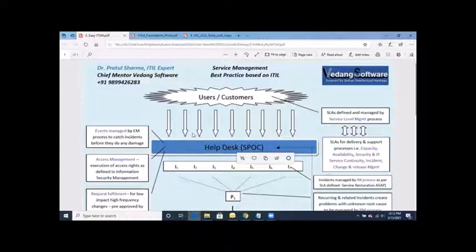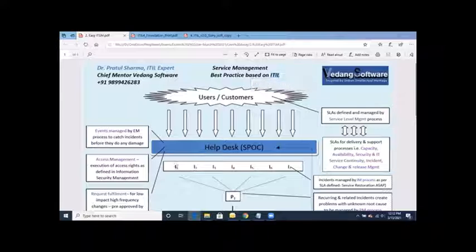Those services are being used by the users, and these are typically the IT users. We are talking about IT service management, or ITIL. ITIL it is called because it's a library, a set of books which was documented. So the name was given as IT Infrastructure Library, ITIL.